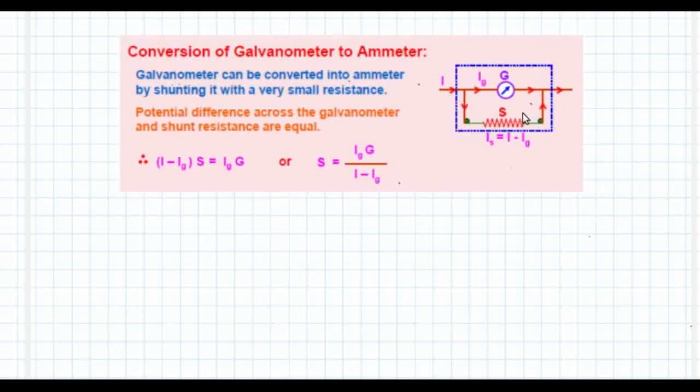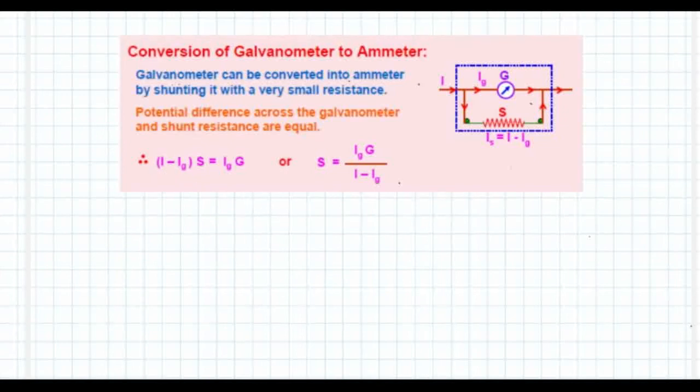So what is the voltage across this shunt? Voltage is equal to current into resistance. The current is I minus Ig and S is the resistance of the shunt. So I minus Ig into S is the voltage across the shunt resistance.